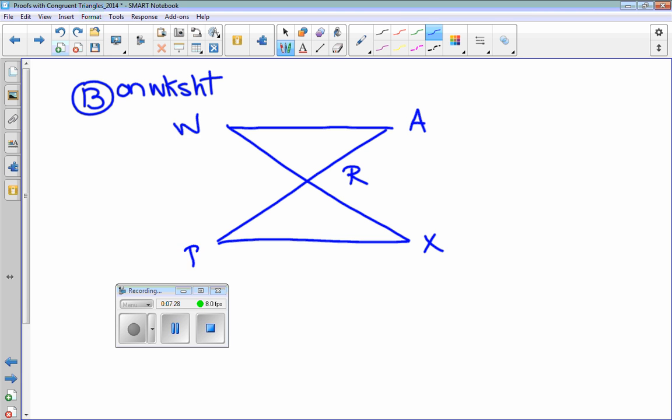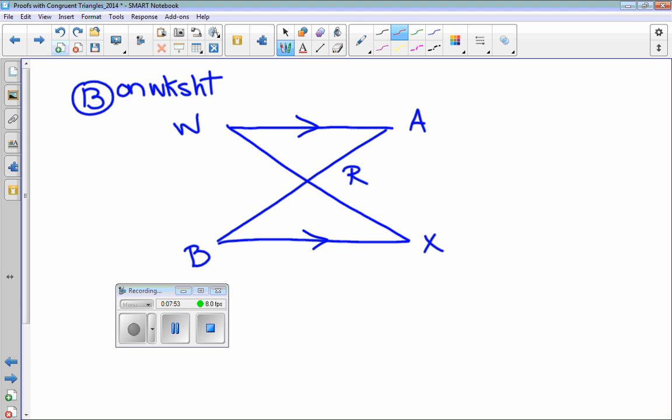Okay. Now, the only information that we're given here is that we have a pair of parallel lines. Would you agree? And that is one of the three things that we're looking for. So if I have parallel lines, let's mark what we can as being congruent. What was the reason on our flip chart? If we had parallel lines, then what's congruent to each other?